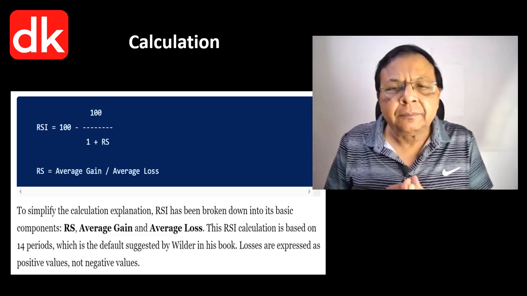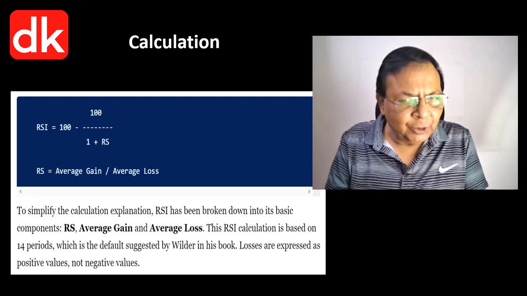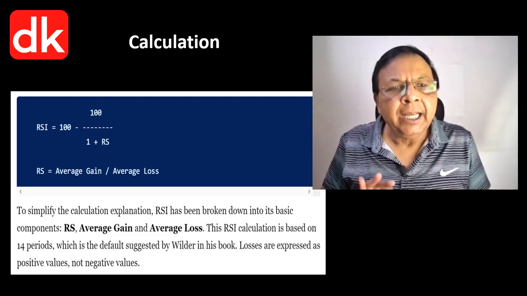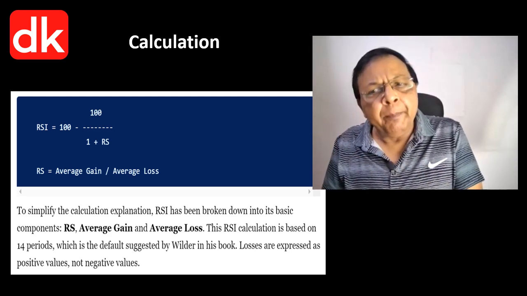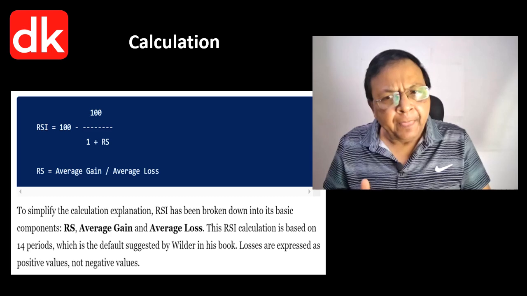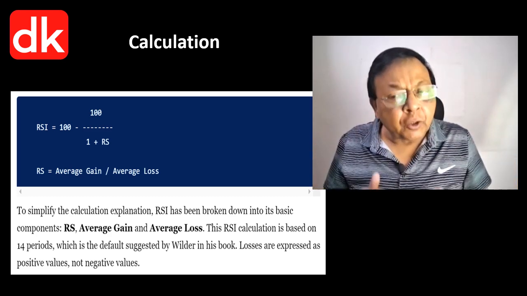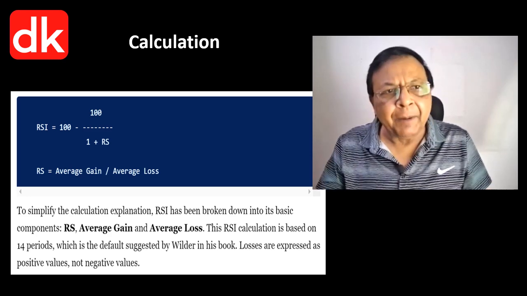And whenever there is a loss, the average loss is not indicated as a minus value. It is always indicated as a plus value, because when the market is falling, the average loss is calculated to finally arrive at the net rate at which the price is rising.